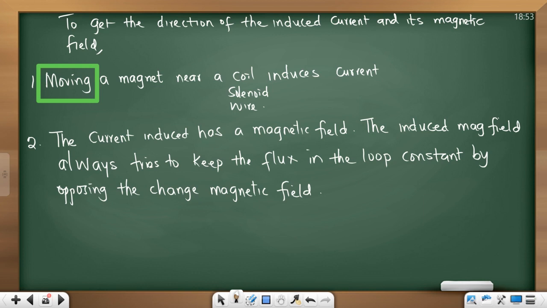But I'd love you to listen to the explanation when we say it opposes the change. So these two things are the things that we are looking at, saying current will be produced, but when current is produced, it induces a magnetic field, and the aim is to keep the flux constant. How does that happen? It will oppose the change.